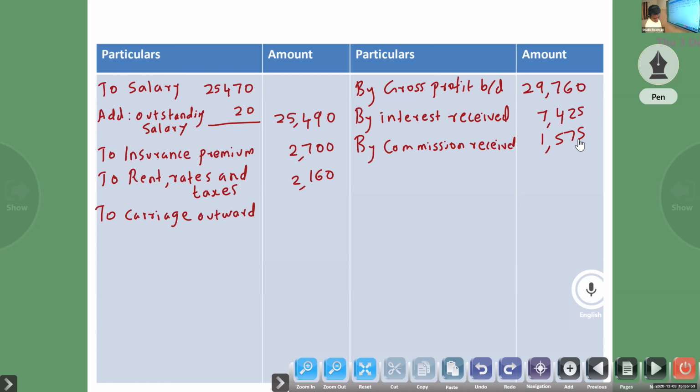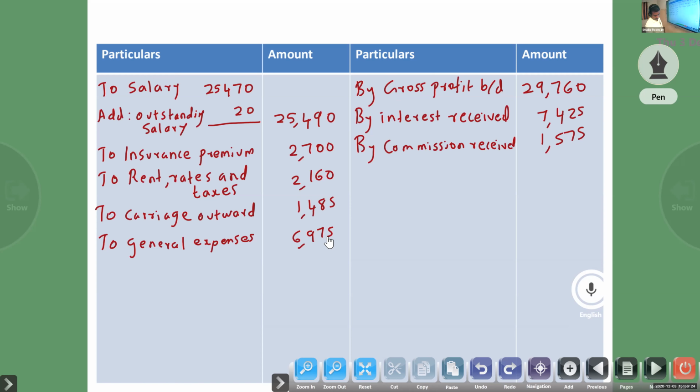Next, carriage outward 1,485. Next, general expenses, no adjustment. To general expenses 6,975. Next, the trial balance is over.